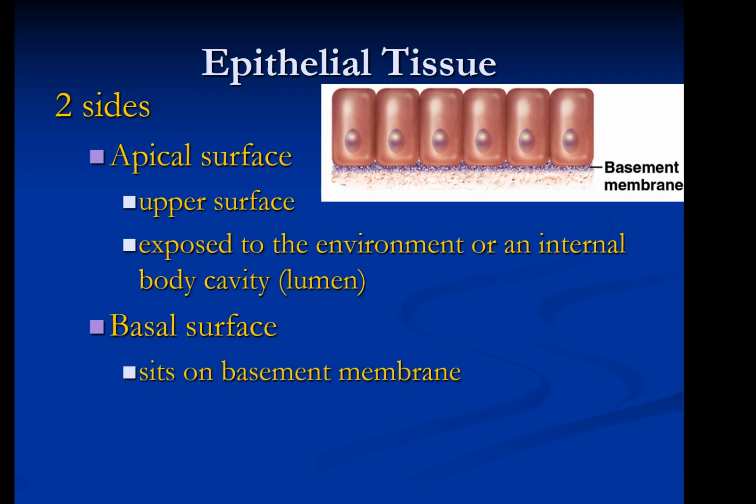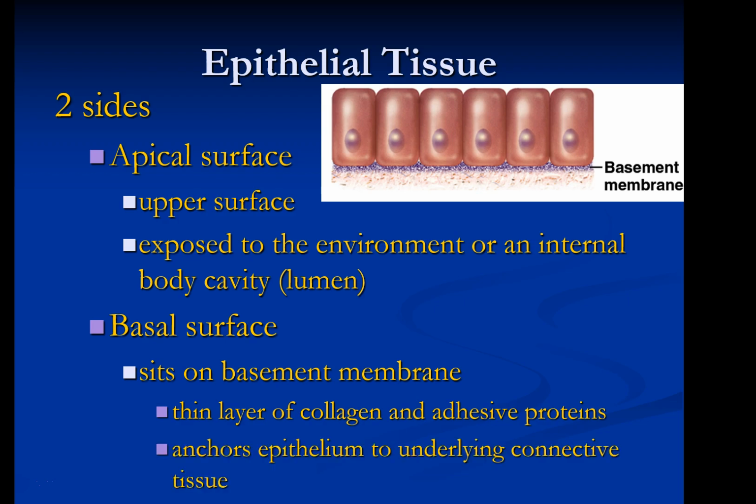The basal surface of epithelial tissue sits on a basement membrane. This basement membrane is a thin layer of protein called collagen and adhesive proteins, which do just what they sound like. They're like adhesive. The basement membrane's job is to glue the epithelium to the underlying connective tissue below it.